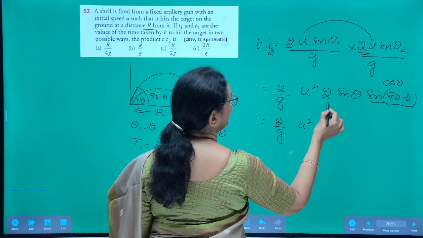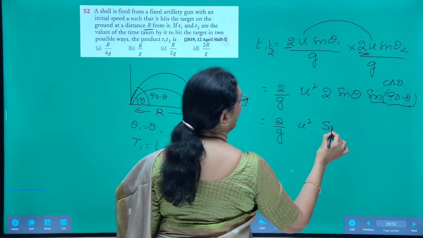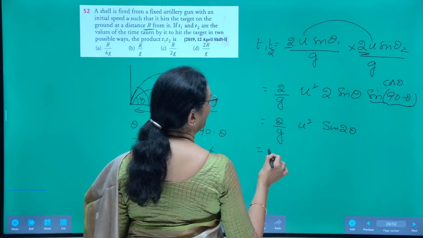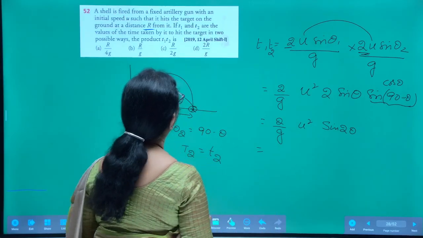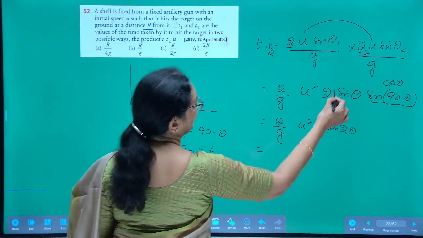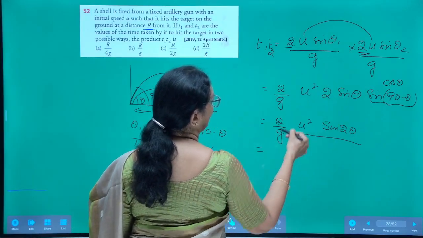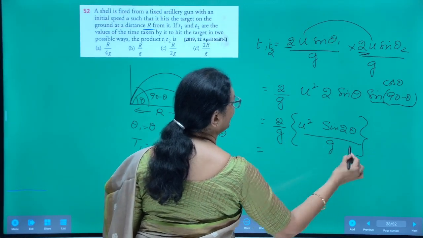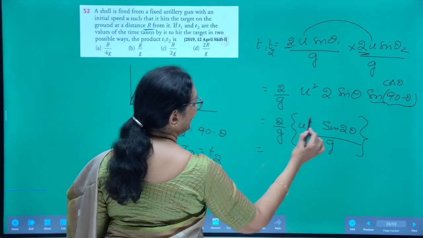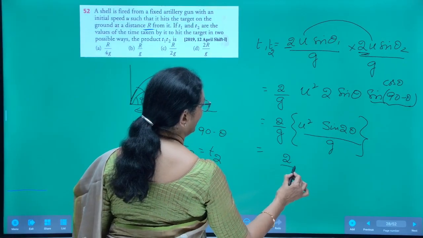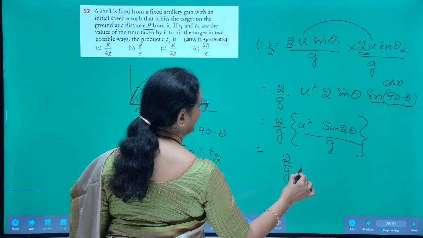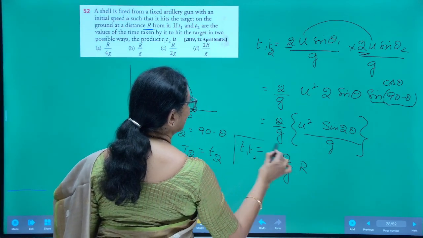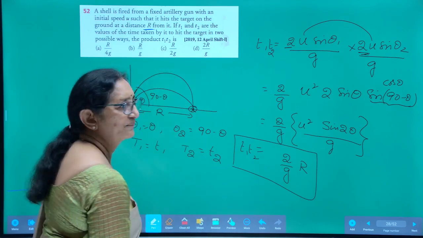So, it is 2 sin theta cos theta, which is sin 2 theta. We have u square and another g is also there because we have taken one g here. And what is this, u square sin 2 theta by g? Range of a projectile. So, it is 2 by g into r, that is the product of times of flight.